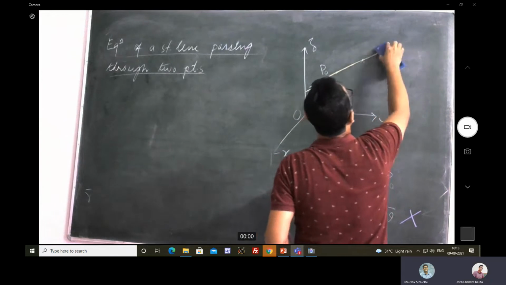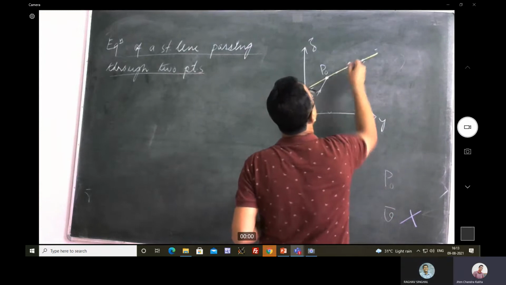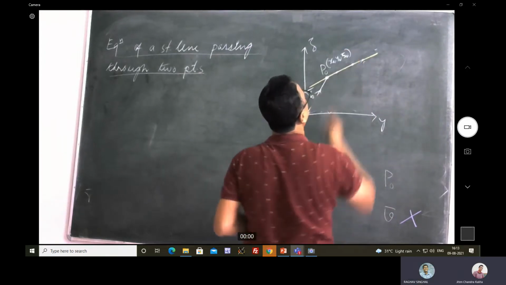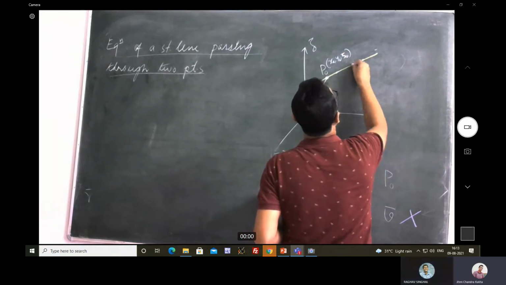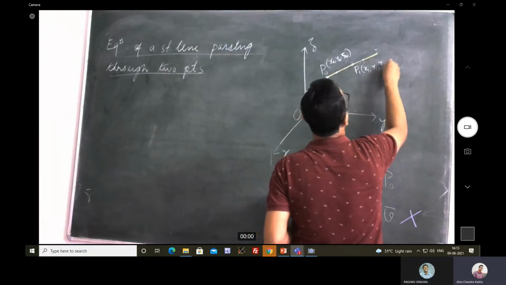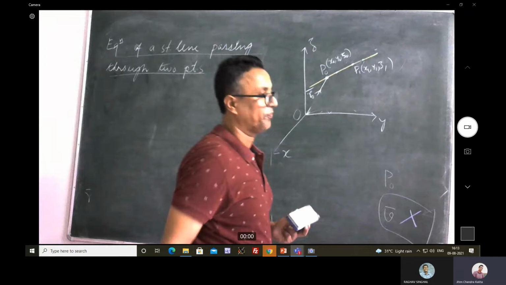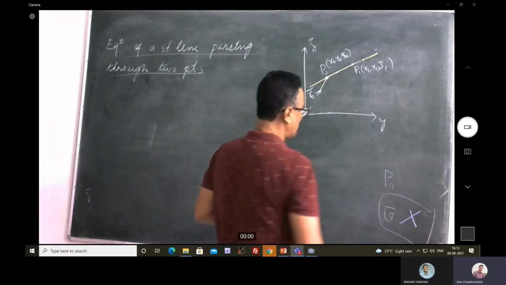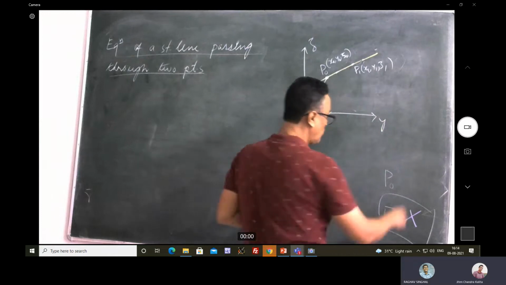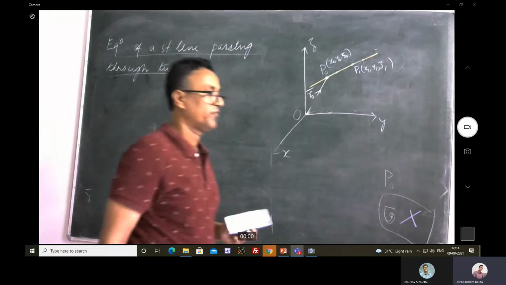So, what is happening here? Now, we are giving 2 points. Say P naught, this is say X naught, Y naught, Z naught. Okay, and then suppose we have another point, say P1, say X1, Y1, Z1. So we don't have this information, but we have this extra information. Okay, so now what we are going to do with this extra information, we will find out a vector parallel to V bar.